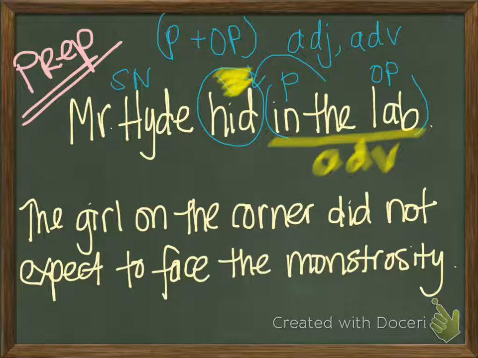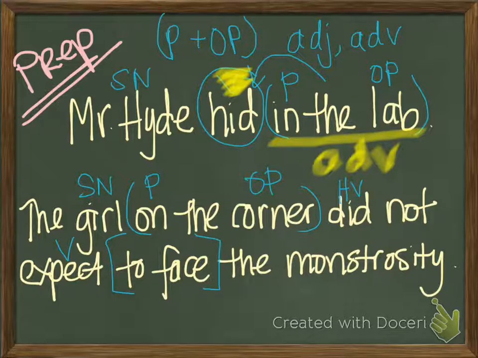The next one, the girl on the corner did not expect to face the monstrosity. The girl is the subject noun, and what's being said about her, she did not expect. So did is the helping verb, expect is the verb. On the corner is the prep phrase. Preposition and object of the preposition. You might look and see to face and think that's a preposition, but actually to face here is an infinitive because you have to plus a verb, which is not a prep phrase.